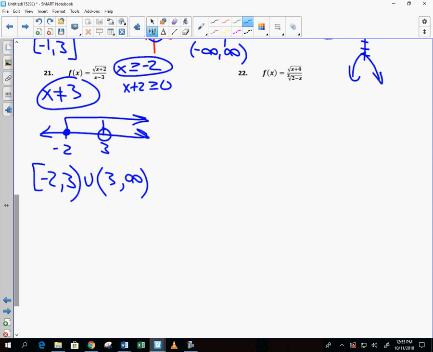How about the last one? Tell me something intelligent about the last one. Good. So the top, so Asher sets it up, x plus 4 has to be greater than or equal to 0. So x is greater than or equal to -4. What about the bottom?